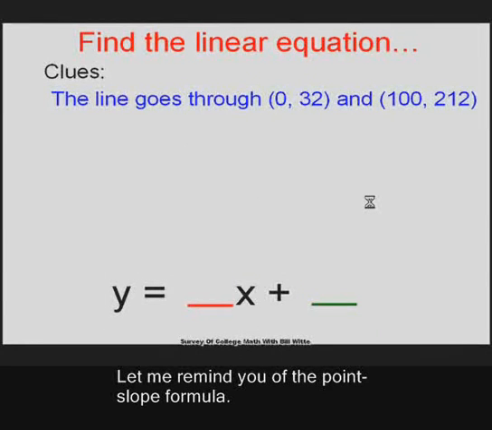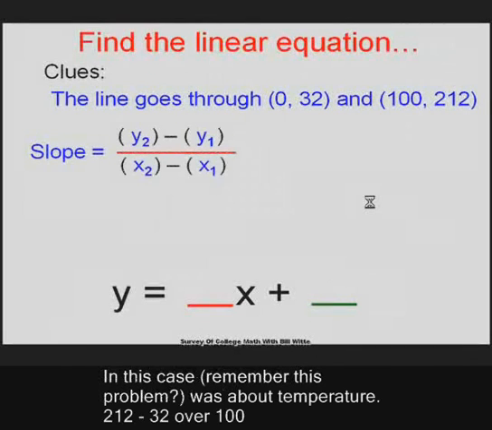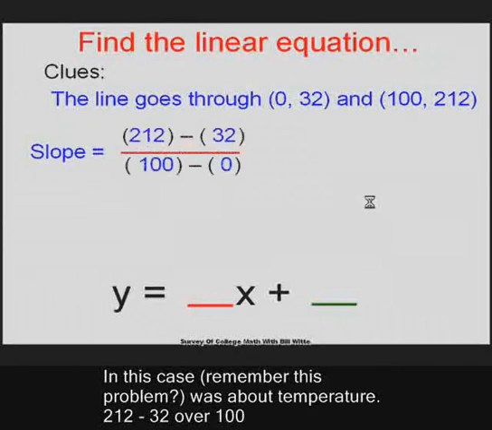Don't forget we can use the point-slope formula. Remember what that was? The difference in the two y's of 2 points over the difference in the two x's of 2 points will give you the slope.